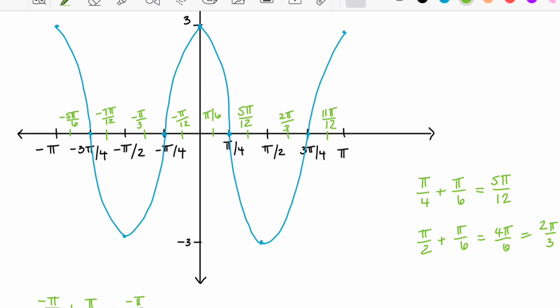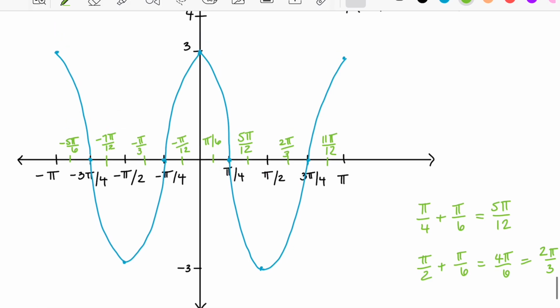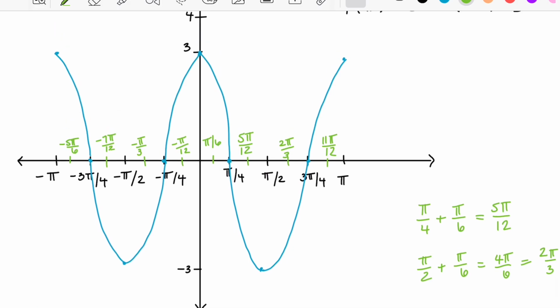Alright. This point will be here. We have a point here, here, here, and here.